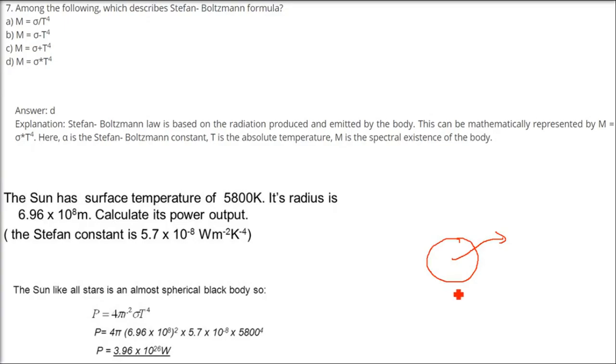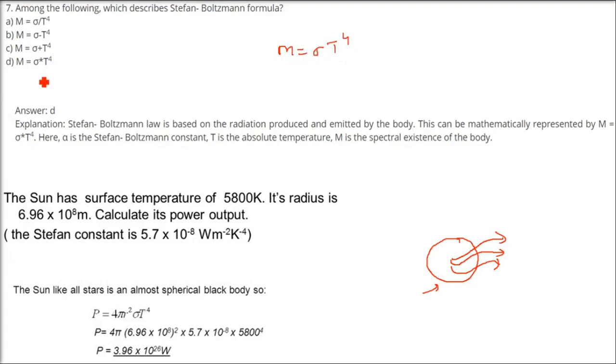For example, a utensil making bread or anything which is heated will emit certain energy in the heat form. So this can be mathematically represented by M equals sigma T to the power 4.